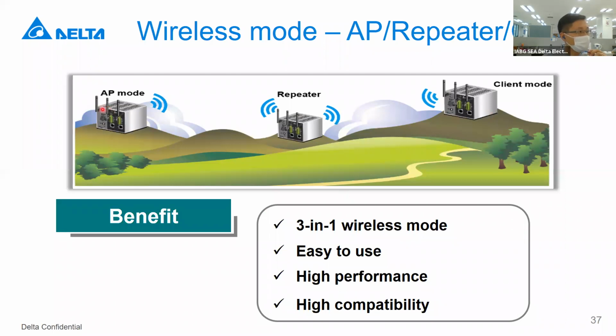The AP is the access point, which means all the signals can integrate here. For the repeater, the function is for when the distance is very long, more than 100 or 200 meters. Between the beginning and the end, you need some repeaters to enhance the signals.